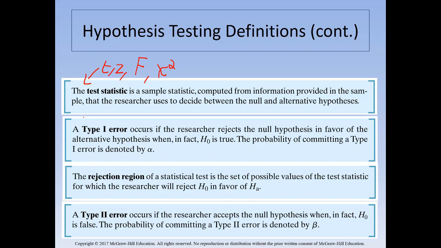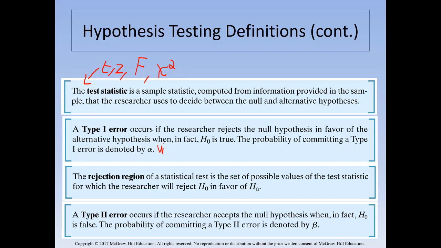Okay, so a few more concepts. A type 1 error, this is when we reject the null hypothesis, but the null hypothesis, in fact, turns out to be true. So let's think about this in terms of our hospital example.